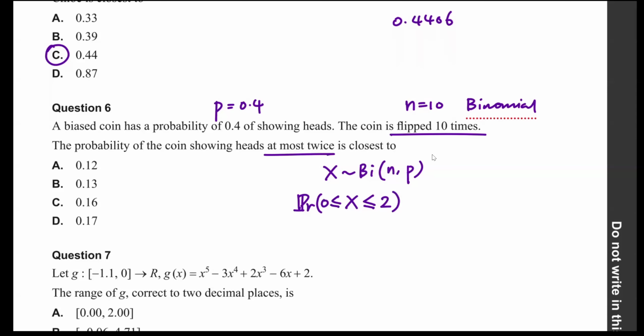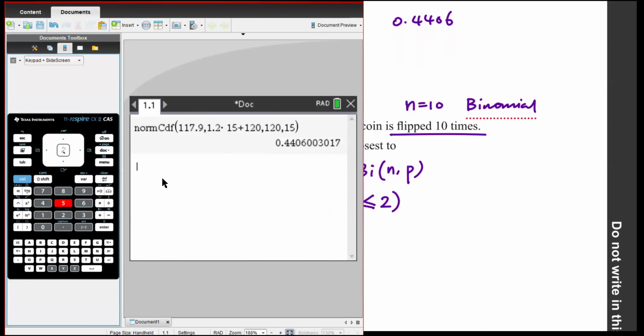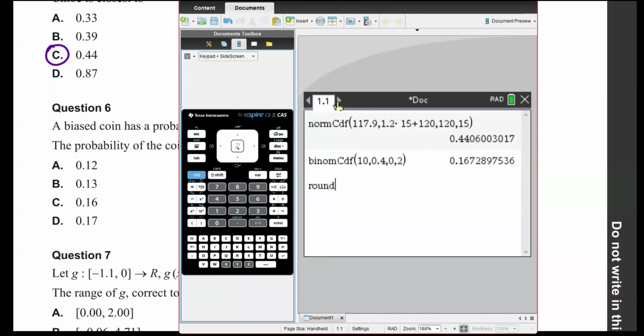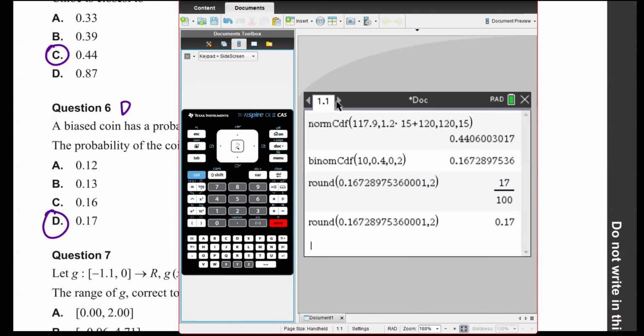So I'm going to use binomCDF. BinomCDF 10, 0.4, from 0 to 2. So you get 0.16728, which is closest to, I can use the button here, round these to 2 decimal places, 0.17. Closest to 0.17.